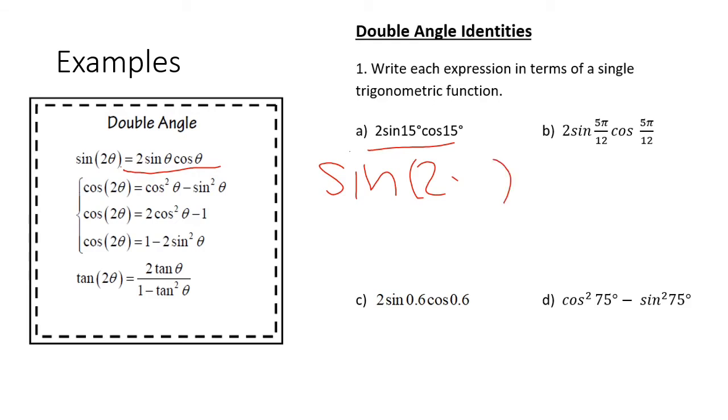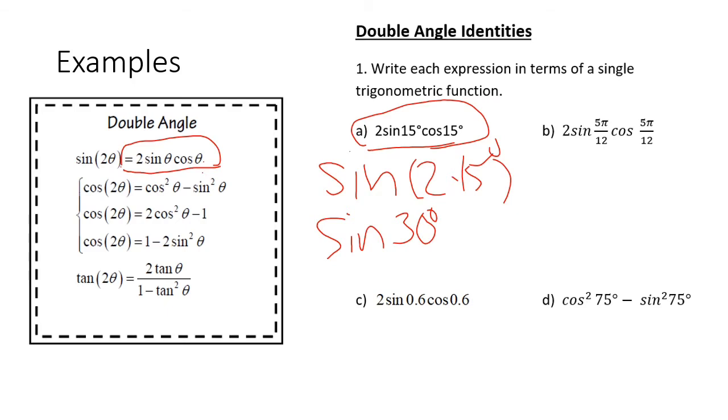Now, we actually have a number for theta. If you look at these two things, they're almost identical. The only thing different is that we have an angle in there. So theta is 15. So instead of writing sine 2 theta, I'm going to write sine 2 times 15, which is the same thing as saying sine 30.